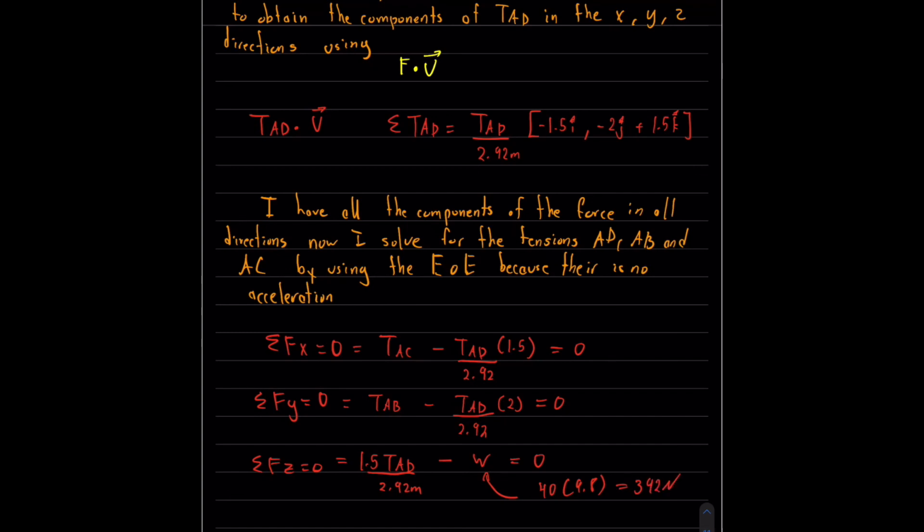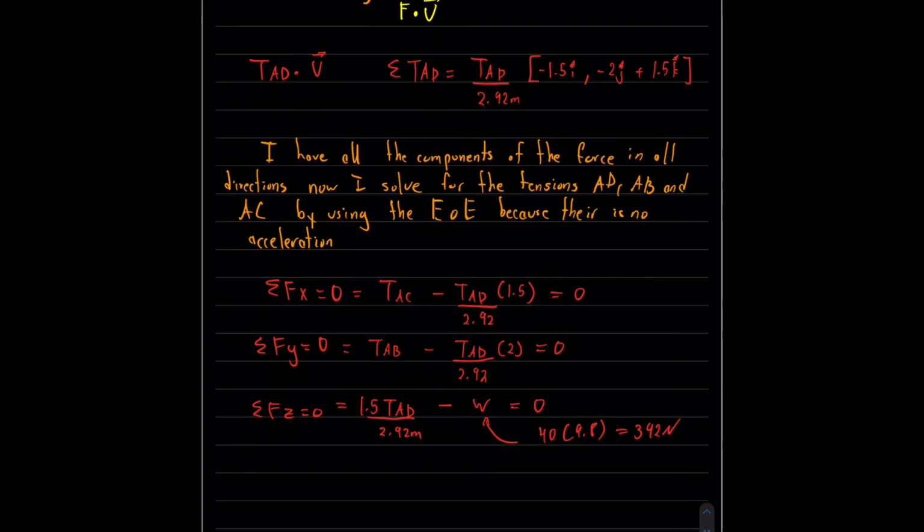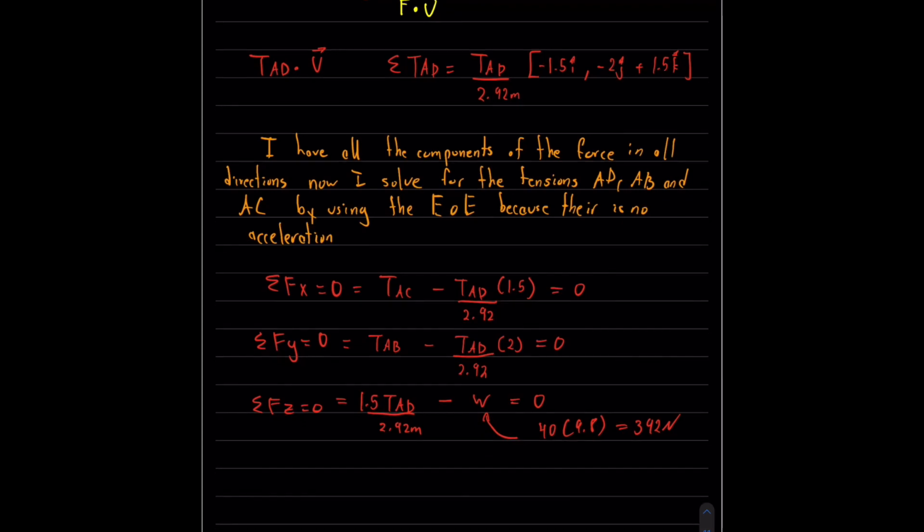Okay, since these equations aren't that hard to solve, I'm just going to do them by hand. I'm starting off with this one. All we have to do is set that equal to the weight. 1.5 tension AD over 2.92 meters.